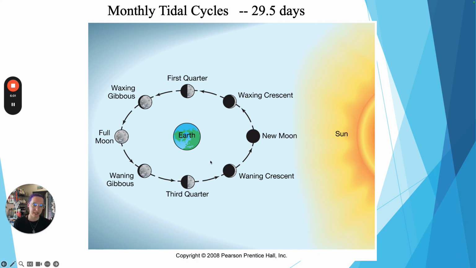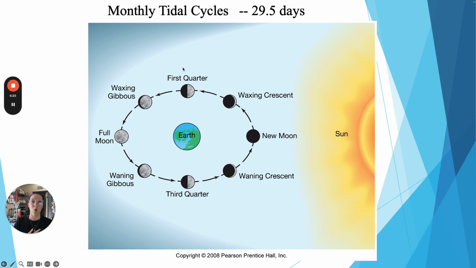So the moon has its cycle, right? We have the full moon cycle, new moon cycle, and everything in between. We have our quarter cycles as well. So it turns out when the moon and the sun are in that same plane and their gravitational forces are working together, we actually see higher than normal high tides and lower than normal low tides. Those are called spring tides, and I have the definition on the next slide.